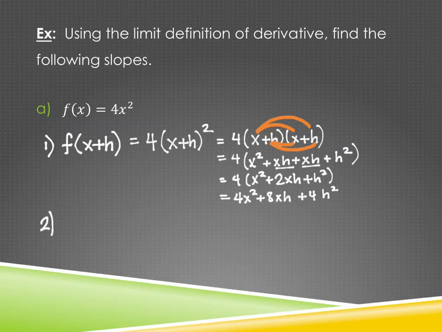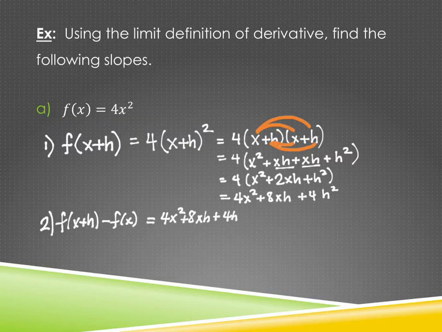So step 2 is to take f of x plus h and subtract off f of x. Well, f of x plus h was my previous step, which was 4x squared plus 8xh plus 4h squared. And I'm supposed to subtract off the original f of x, which is 4x squared.